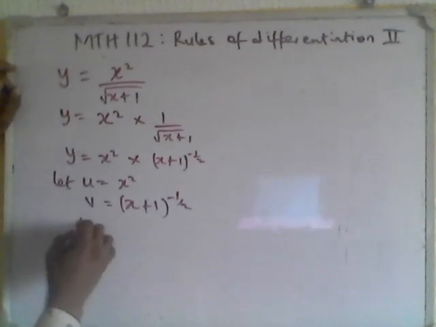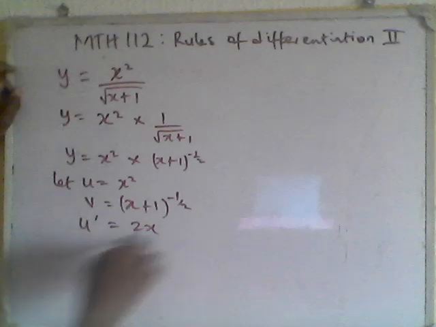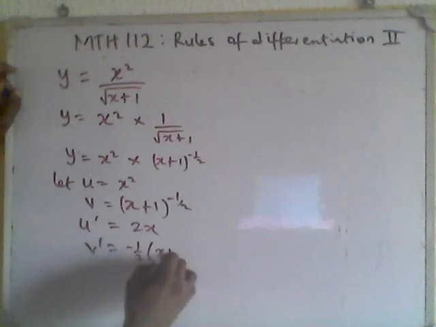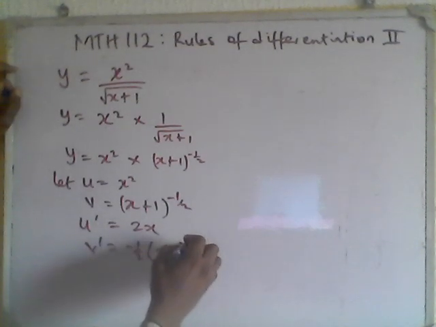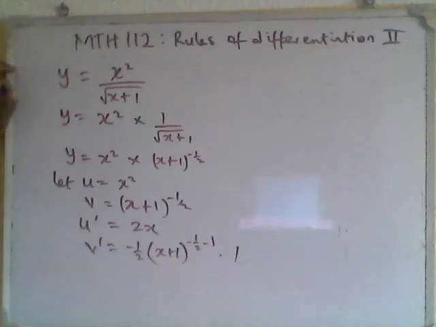Then u prime, that is differential of u, is 2x, and v prime is minus 1 over 2, then x plus 1 to the power minus 1 over 2 minus 1, dot 1.